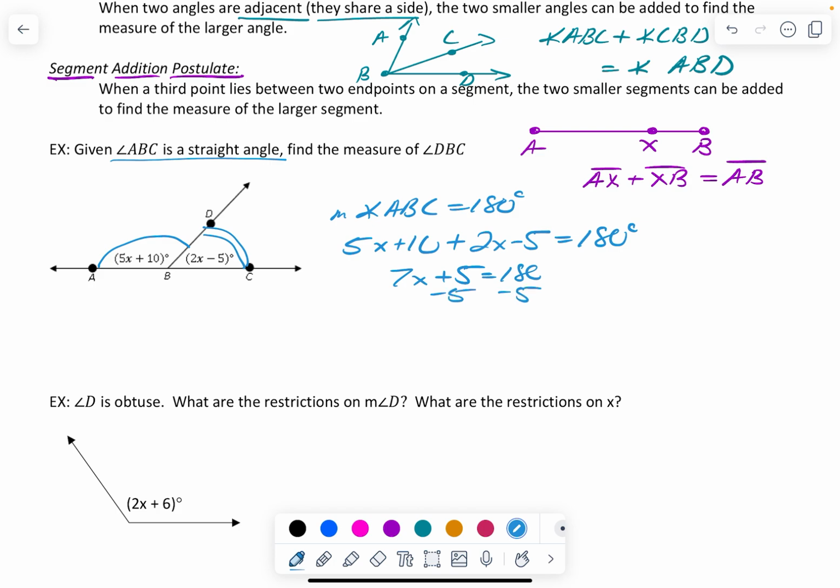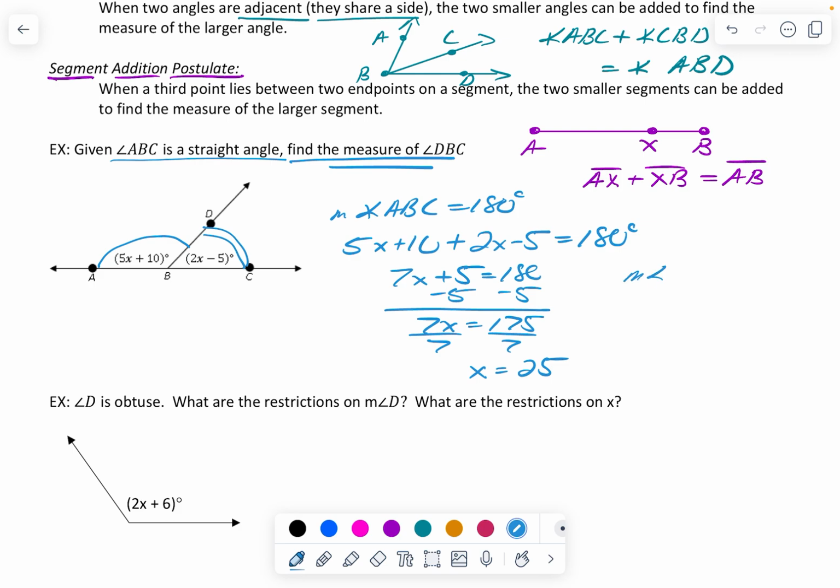Minus 5, 7x equals 175, x equals 25. Now, in geometry, it can be tricky. In algebra, all the answers we were looking for looked like x equals something. In geometry, you always have to make sure. Sometimes they'll say find x. In this case, the instructions are find the measure of angle DBC.